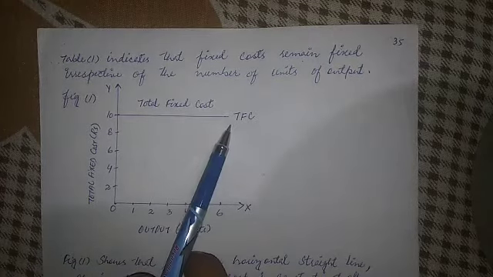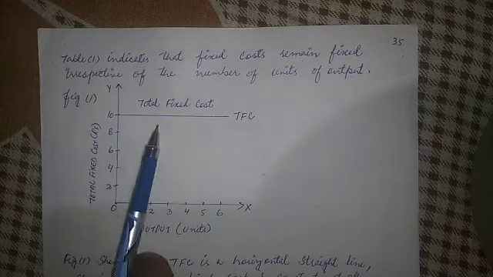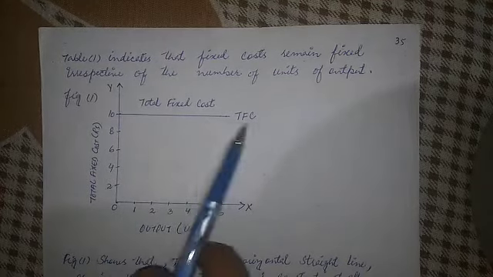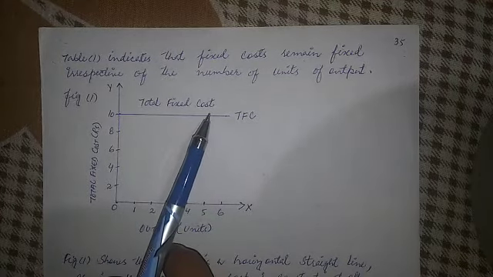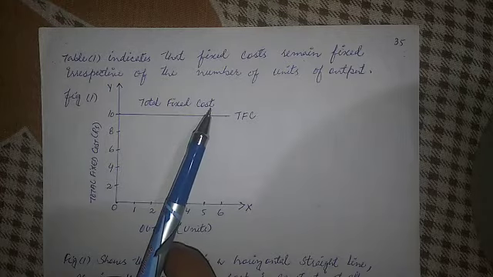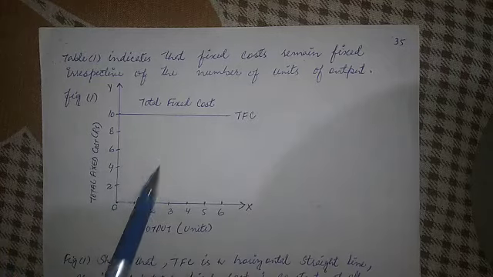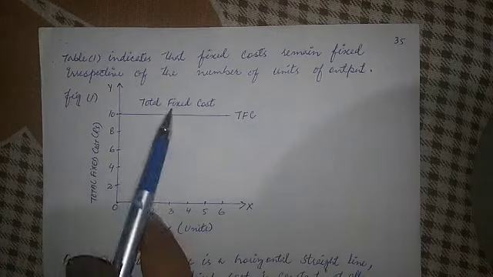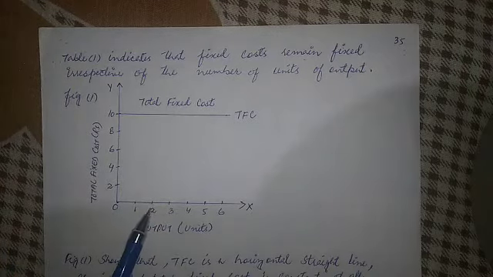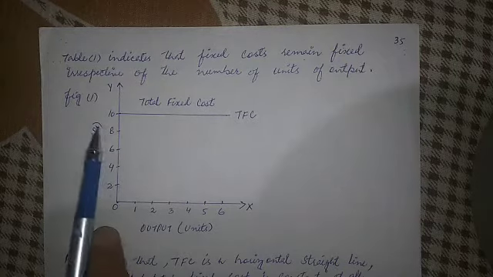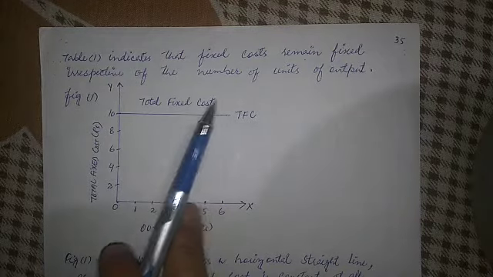Now the TFC curve represents the total fixed cost. This curve is parallel to x-axis, implying that cost is constant at all the levels of output.